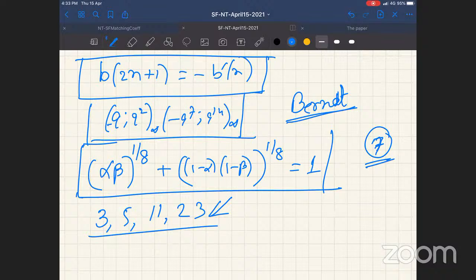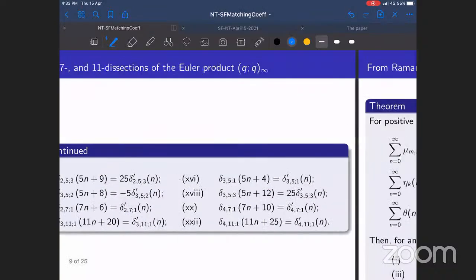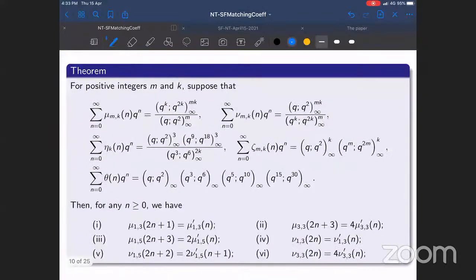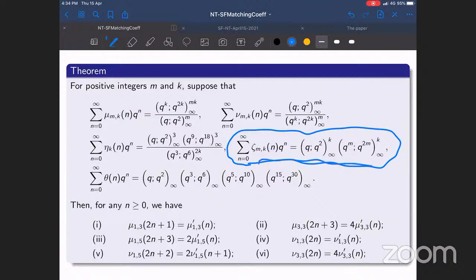So for example, if we cube this degree 7 modular equation, we get another result on matching coefficients. So that is written in our paper. So for example, these are all those results which are coming from Ramanujan's modular equations of Russell, Schröter, and this Ramanujan. So those are of this form.